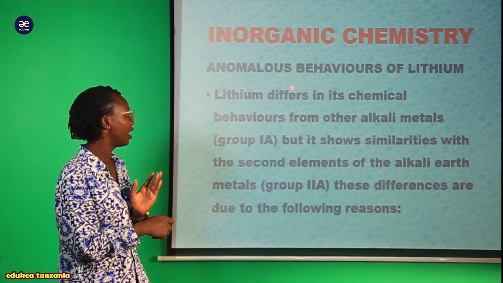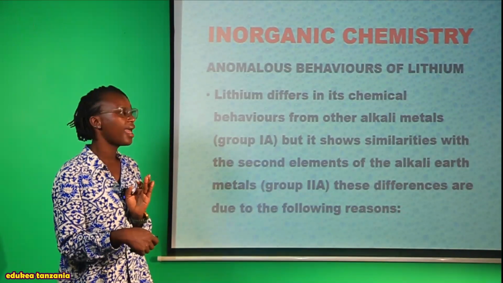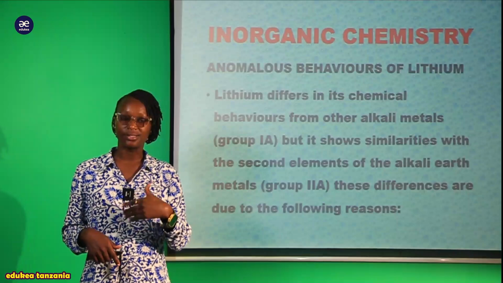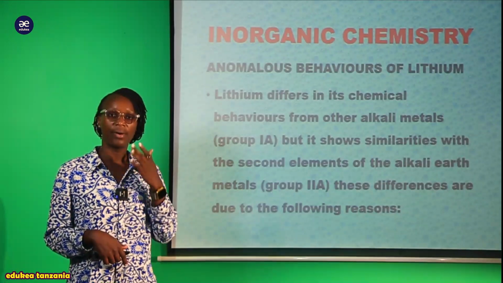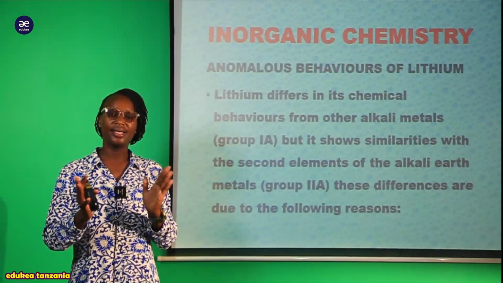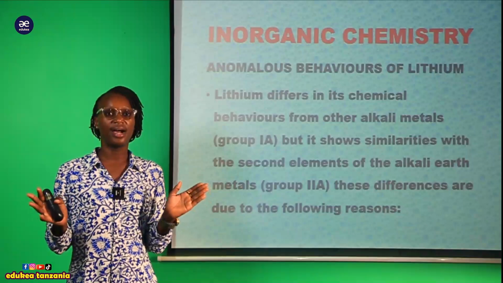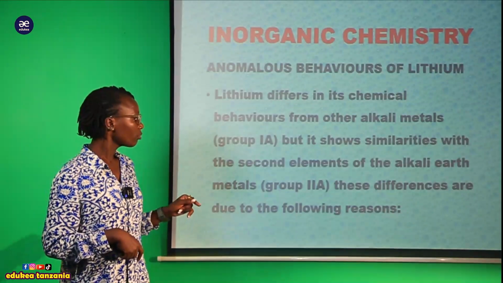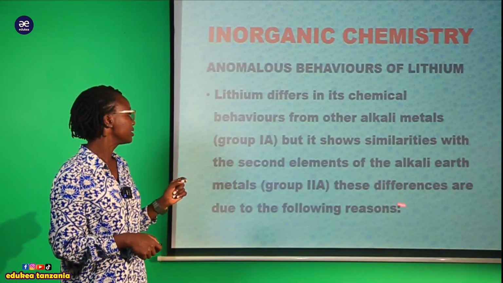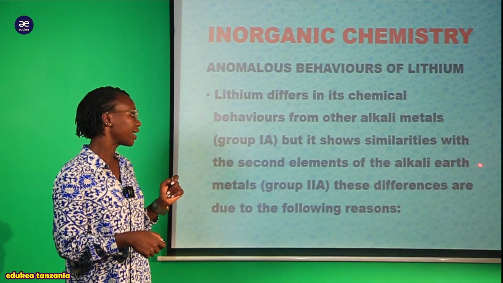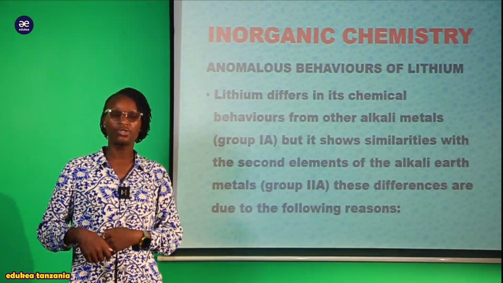Anasema kwamba differ in its chemical behavior with their members, kwamba wale member wenzake wote wa group number 1 unakuta in terms of behavior they differ kabisa, lakini anasema it shows similarities with the second element of the alkaline earth metals ambapo ni group number 2.